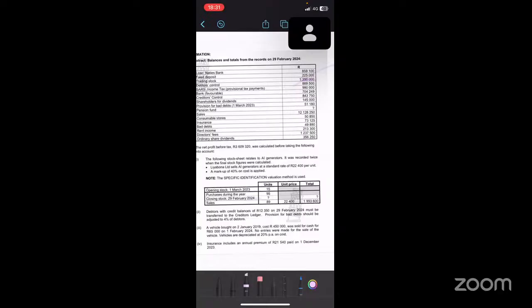Yes. Basically, to get the unit stock at the end of the period, which is 29 February 2024, you're going to take the opening balance of the units. When we say balance now, we'll be referring to the units. You're gonna take the opening units and then plus the purchases minus the sales. Then you're gonna get the closing units that you are supposed to have, right?